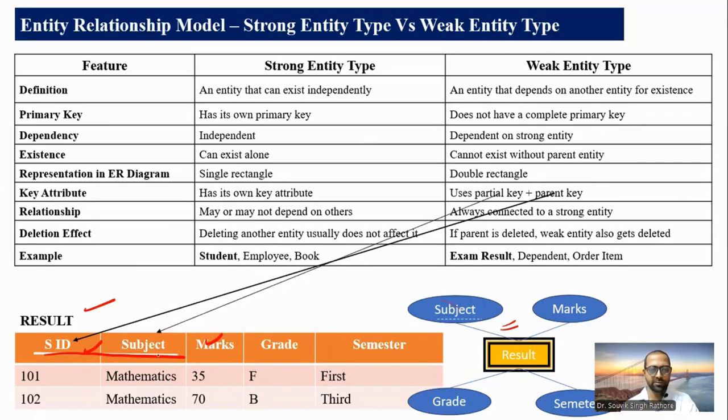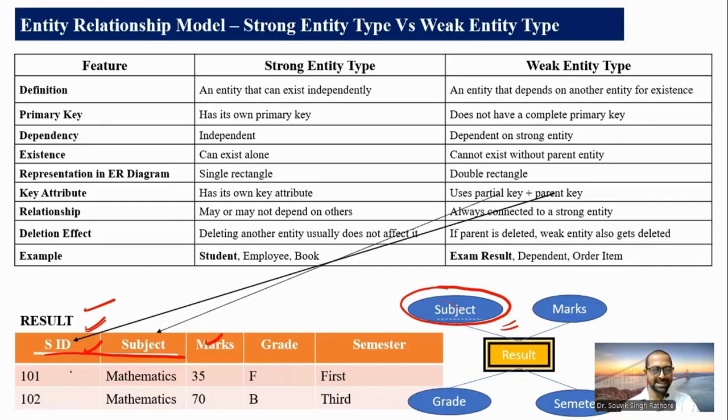Together they form the key, and you see here we use the partial key, which is the attribute subject, using a dotted line. It is the partial key and it is assisted by the primary key of the strong entity type. Here the SID is taken from the student entity type and together they form the key.